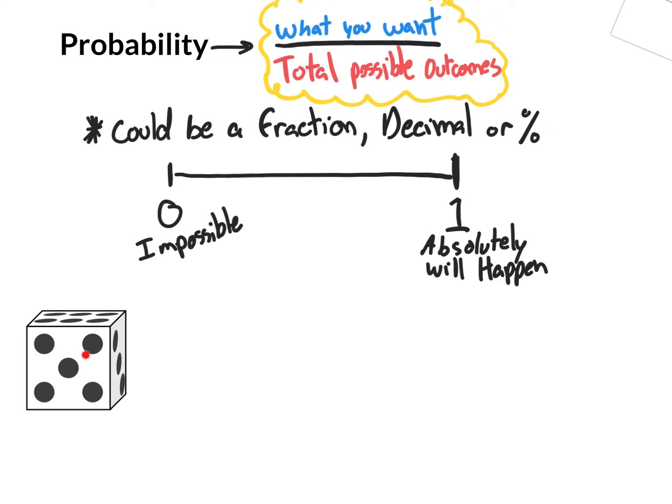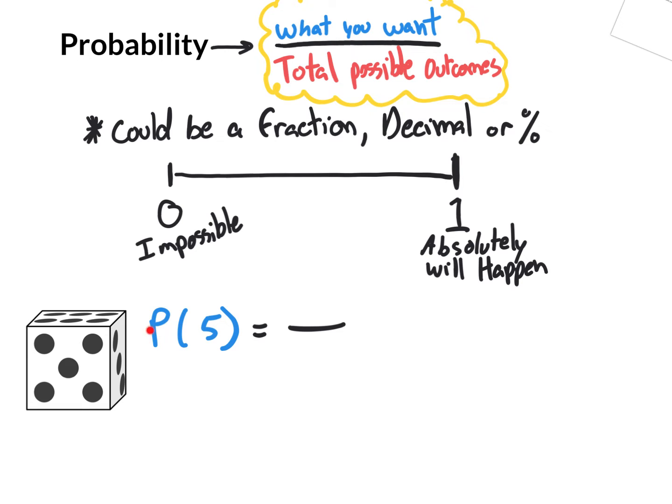I think we all know what a die looks like, right? Now, what if I said, what is the probability of rolling a 5 on this die? 1/6, right? It's a fraction. By the way, this is the notation. That doesn't mean p times 5.